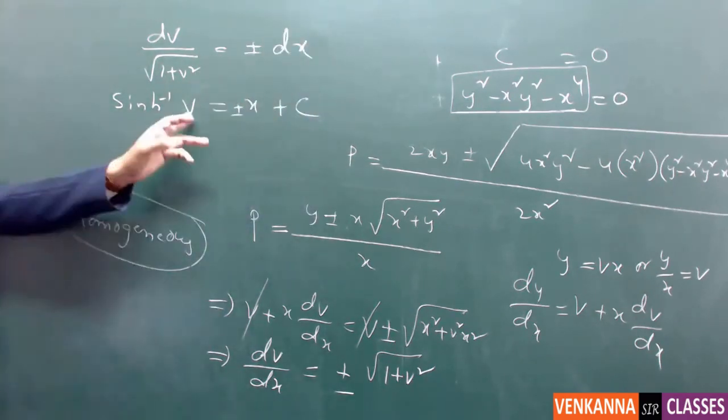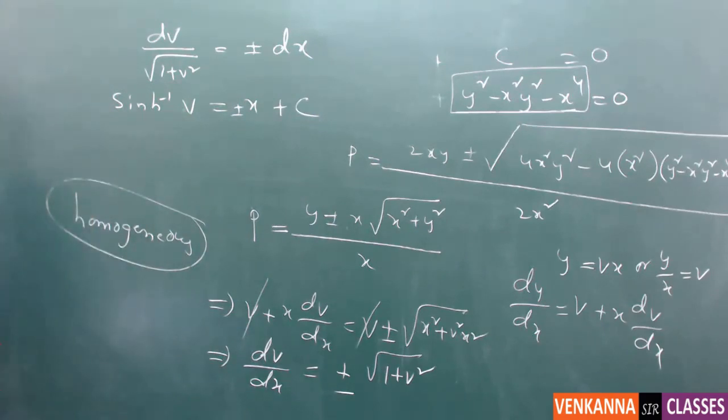And you are going to substitute the value of v there; v is nothing but y by x. So sinh inverse y by x equal to plus or minus x plus c is the required solution. You can further simplify that also, otherwise you can leave the solution there itself. Accepted? Any other queries?